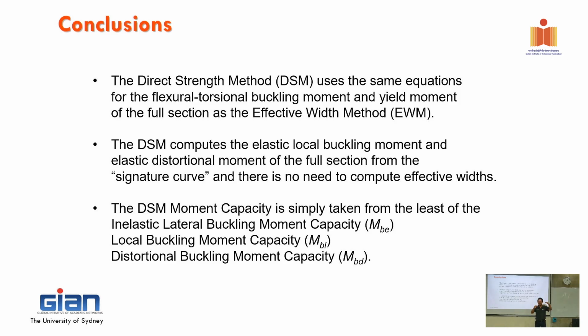But some sections have those two very similar. Some sections you can try, you play around. And the question here, if you have a section that has similar local buckling and distortional buckling, whether or not there is some interaction there. It might drop the capacity because of that interaction.